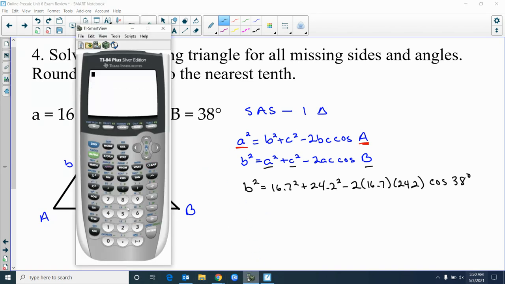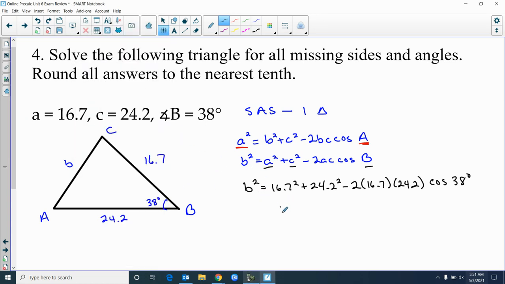So I'm going to type that whole thing in. So it's 16.7 squared plus 24.2 squared minus 2 times 16.7 times 24.2 times cosine of 38. Now, one thing you got to watch is that gives you b squared.